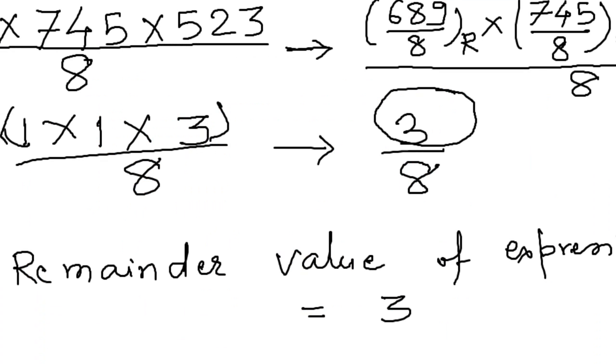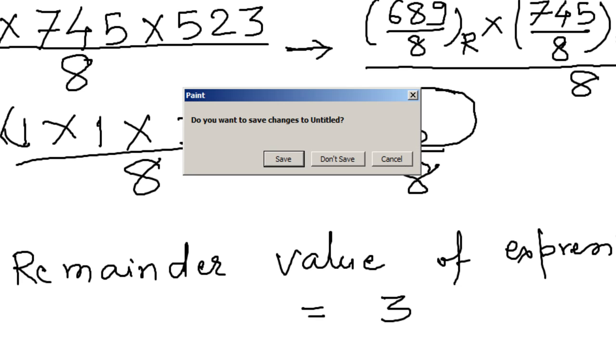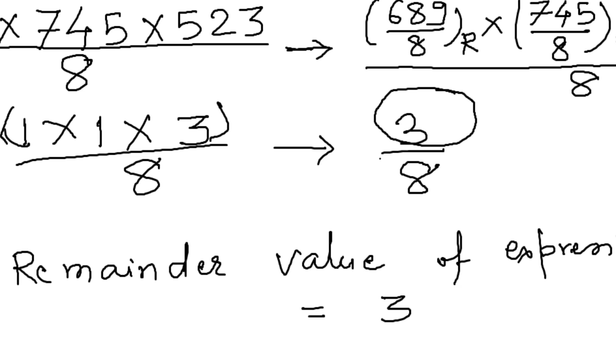Let's take the number 689 times 745 times 523, and we are trying to divide by 8.